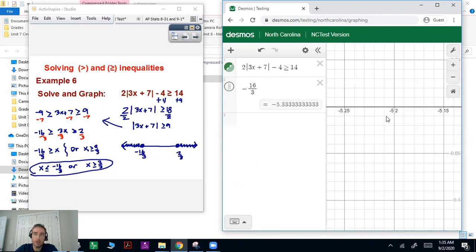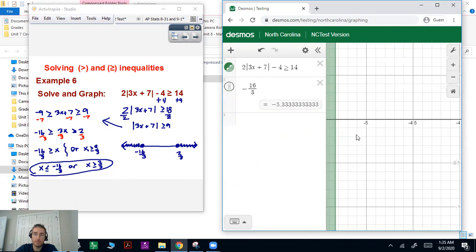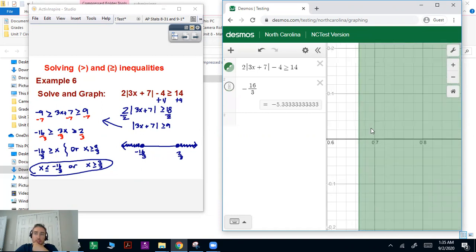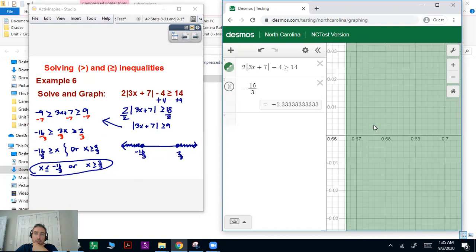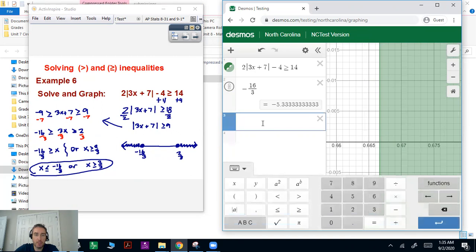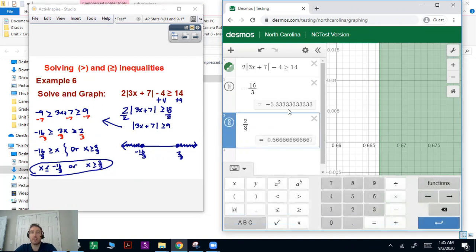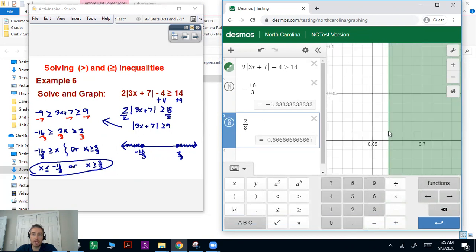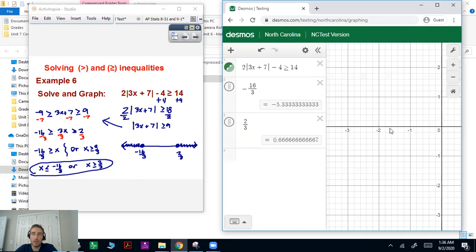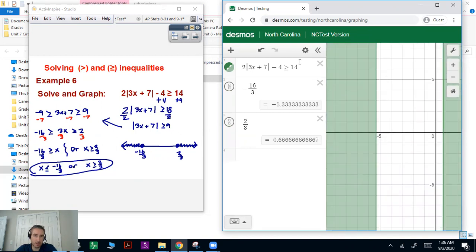And then if you go over here and do the other side, that's 0.6666, 6 repeating, and that's going to be 2/3. Okay, so that does match up with the numbers here on the graph, but sometimes you'll have to come up with those numbers by hand. You can also get them by intersections, but I'm not going to go that route today. So you can look at yesterday's lesson if you need help with that.